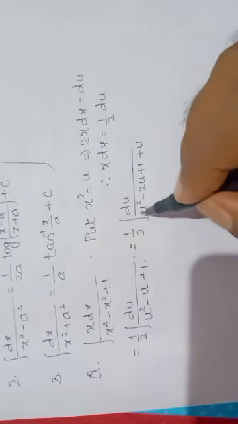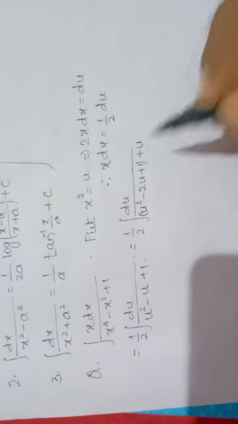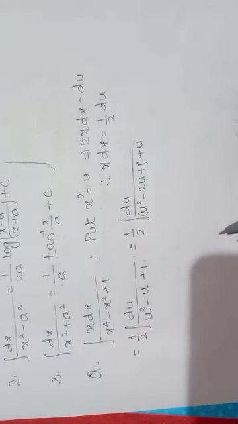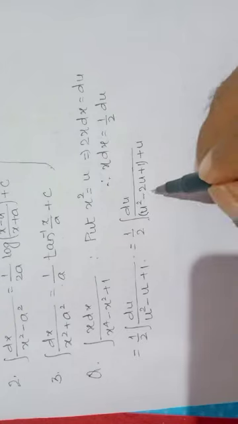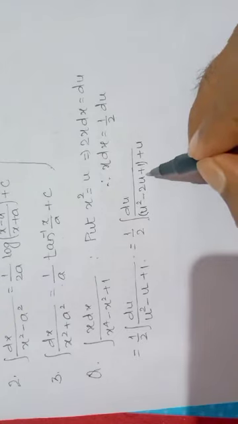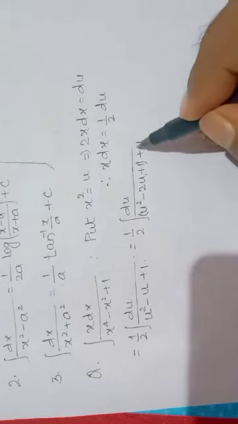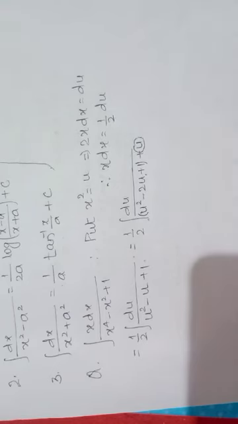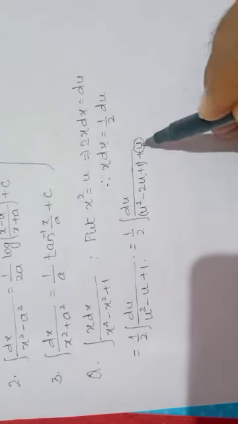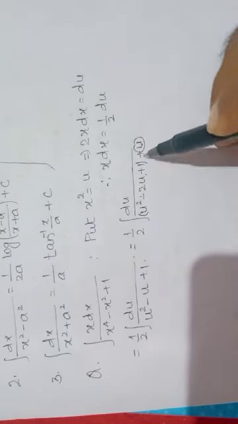The first, second and third terms should be written as u minus 1 whole square, but still you have one u left. You have to change this in a new pattern, in a different way.